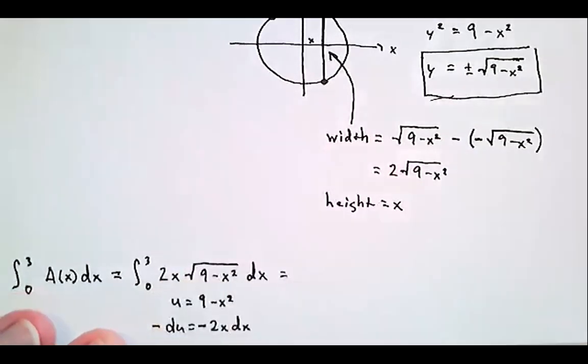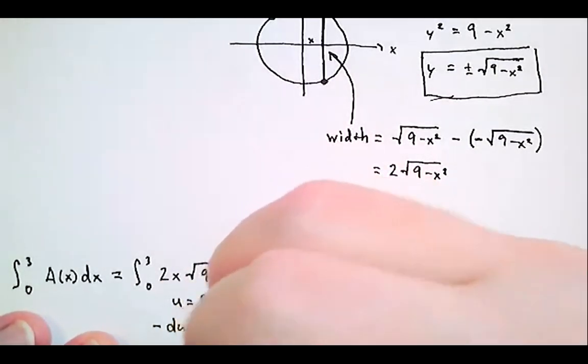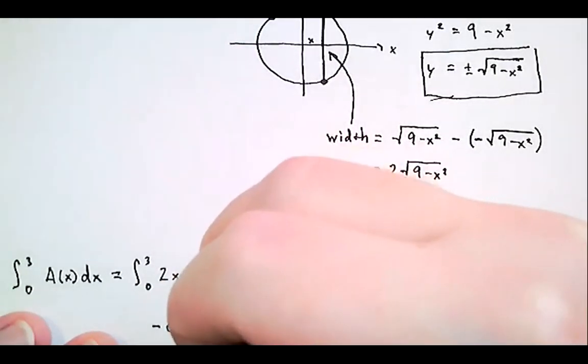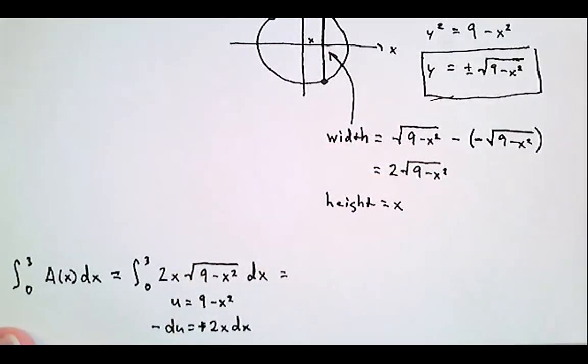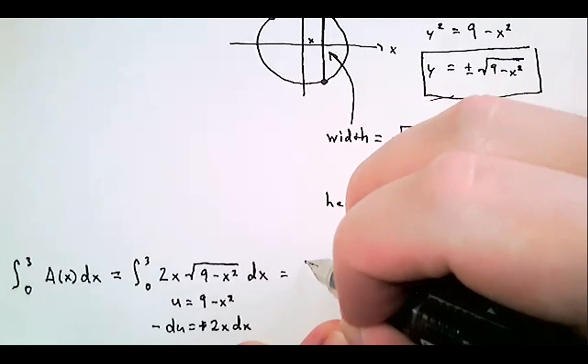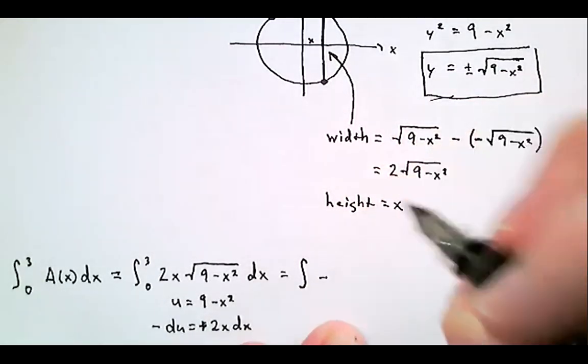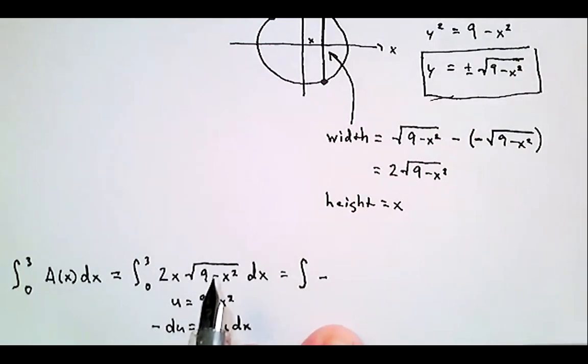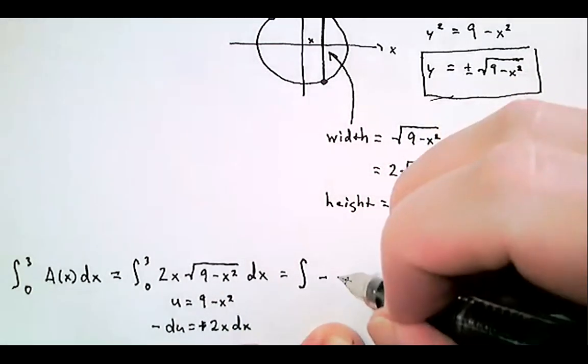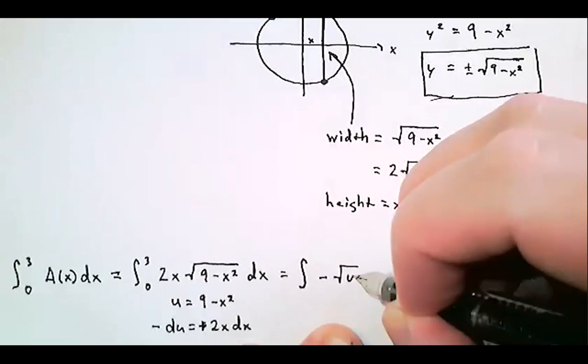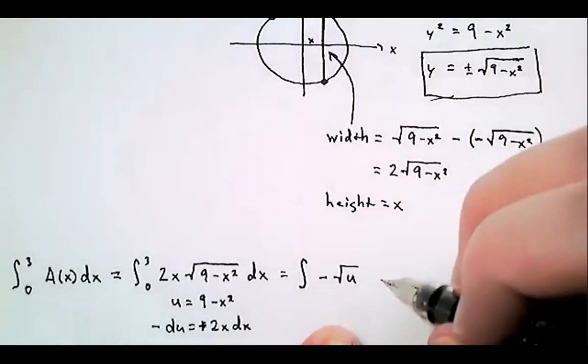So you could pick up a minus over here, and then that negative becomes a positive. So then positive 2x, and then the dx becomes a negative du. So we get a minus sign, and then we have a square root of u, and then the du.